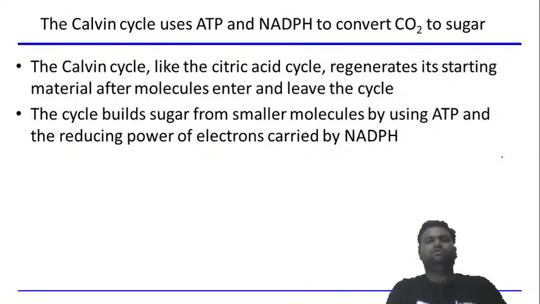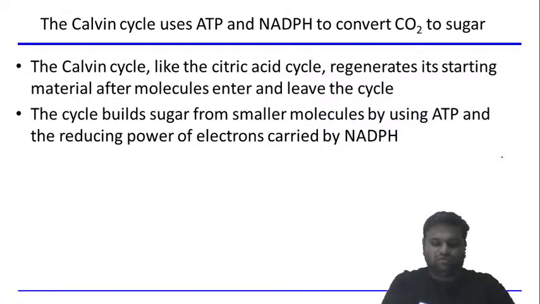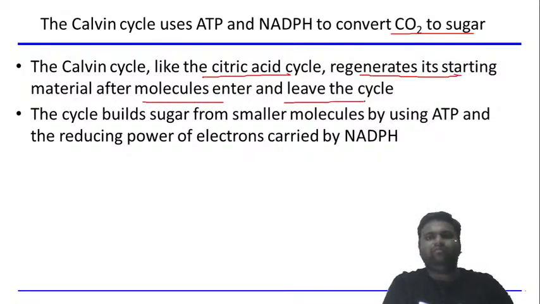So the Calvin cycle uses ATP and NADPH to convert carbon dioxide to sugar. So the Calvin cycle, like citric acid cycle, regenerates its starting material after molecules enter and leave the cycle.